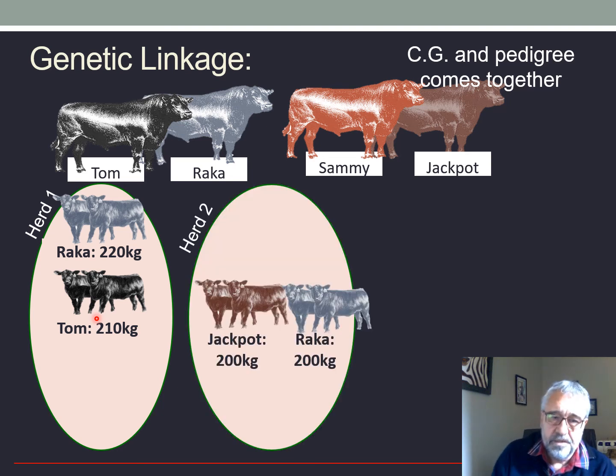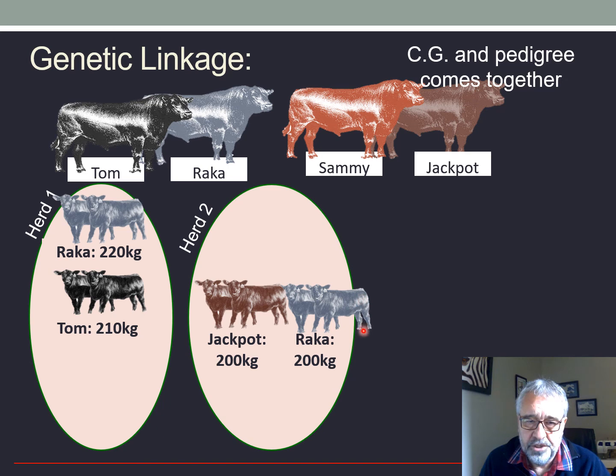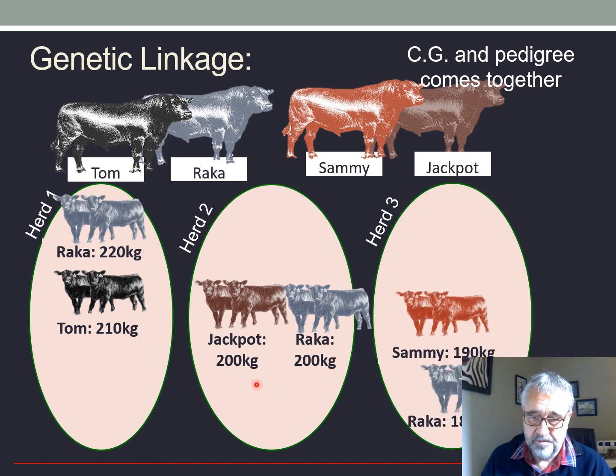In a second herd, there were 2 bulls used called Jackpot and Raka, and the progeny of these bulls were weighed, and they were equal. So in terms of this herd, they were on the same genetic level. Then in the third herd, there were progeny of Sammy.